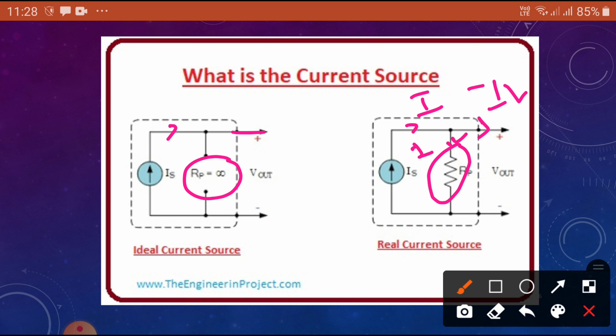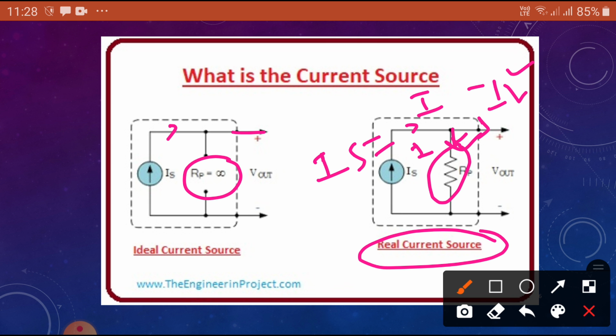So the source current may not be equal to the load current. This situation is known as a real current source or a non-ideal current source, similar to the previous example we studied, your father's salary. Here the salary is diverted, there are some deductions from the total salary, and the remaining salary is given to your mother. So this situation is known as a non-ideal current source.